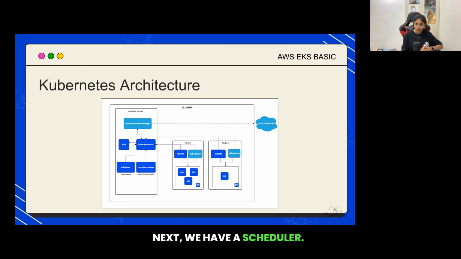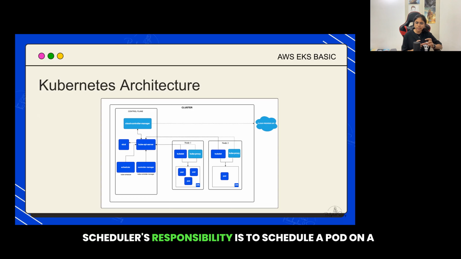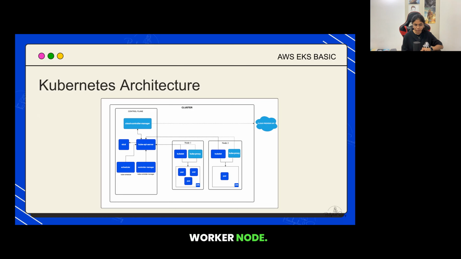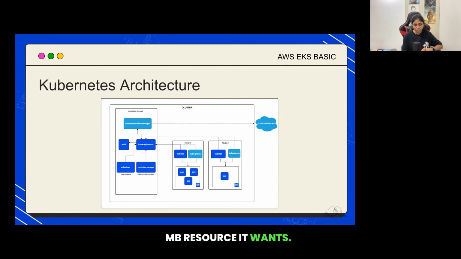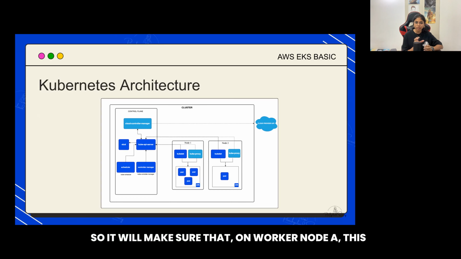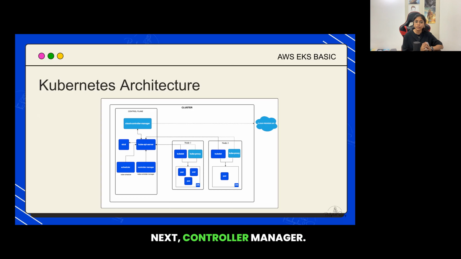Next, we have the scheduler. The scheduler's responsibility is to schedule a pod on a worker node. So let's say a request comes to create a pod that wants 500 MB of resources. The scheduler will make sure that, okay, on worker node A this resource is present, and it will schedule the pod on it. Next, the controller manager.